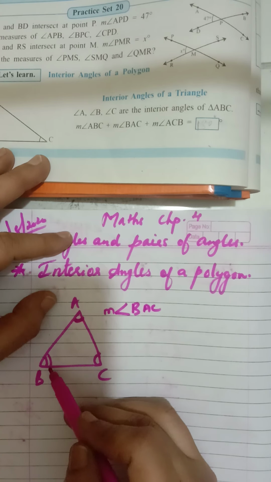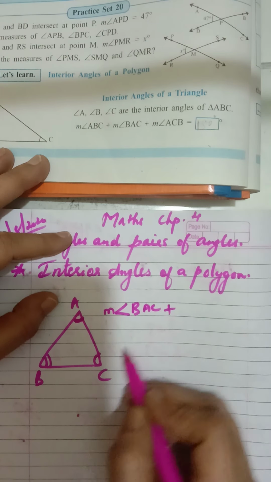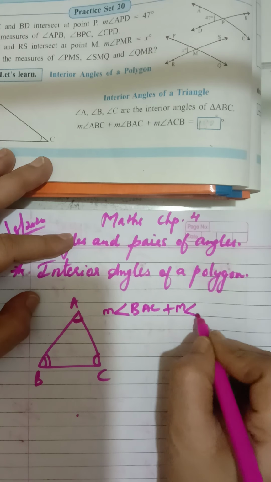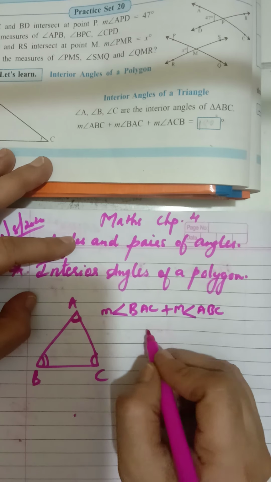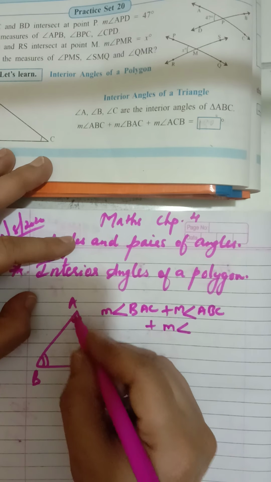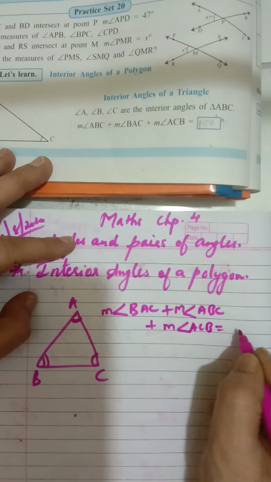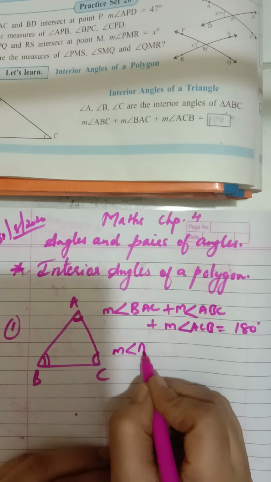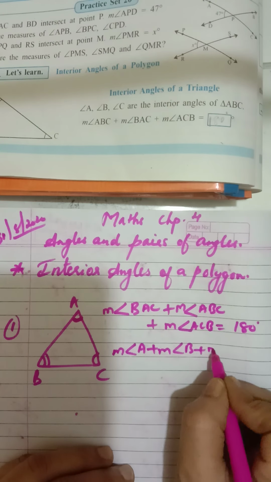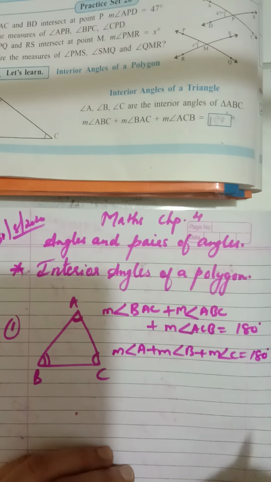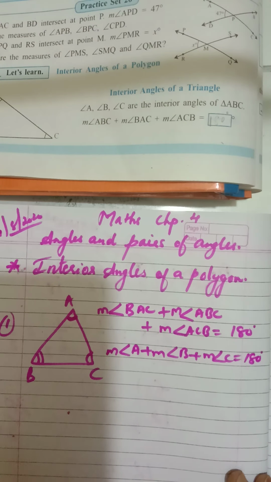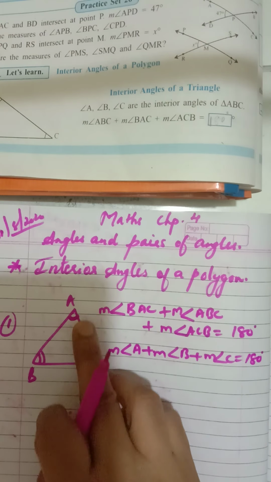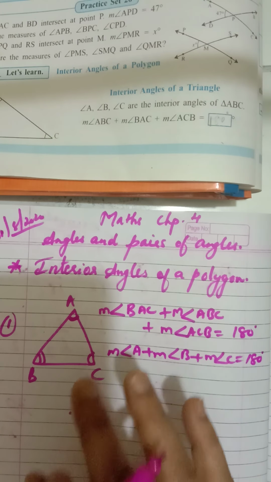We write A as measure of angle BAC plus B as measure of angle ABC plus C as measure of angle ACB, that is equal to 180. In simple terms, measure of angle A plus measure of angle B plus measure of angle C is equal to 180 degrees. So the first condition you have to understand is that the sum of measures of all the interior angles of a triangle is 180 degrees.